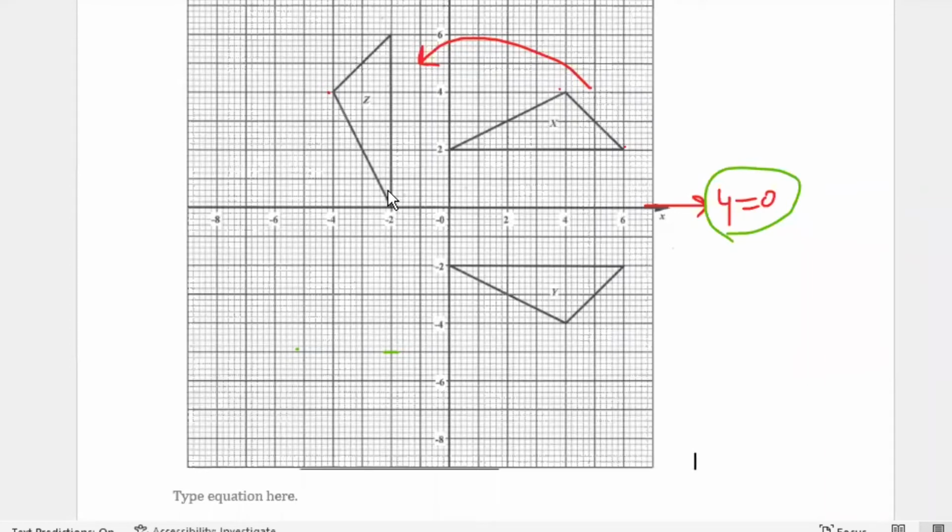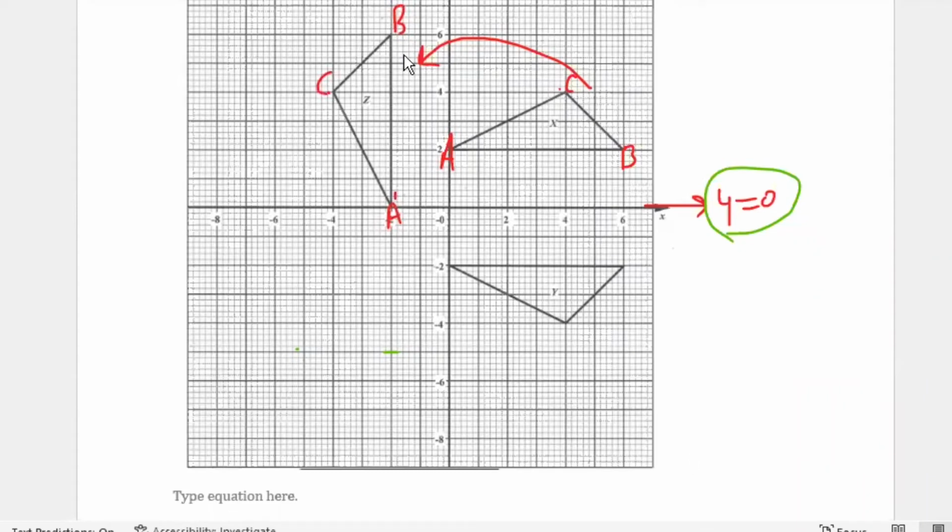And to help clear up the confusion, let us label our triangle A, B, C. And that means this would be A, this would be B, and this would be C. Or A prime, sorry.